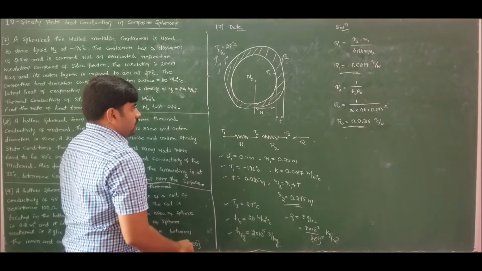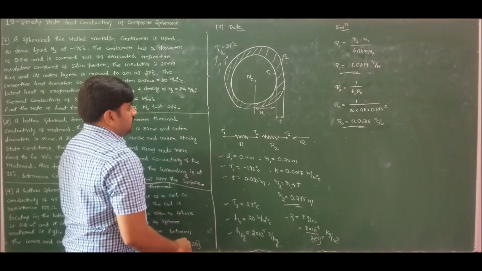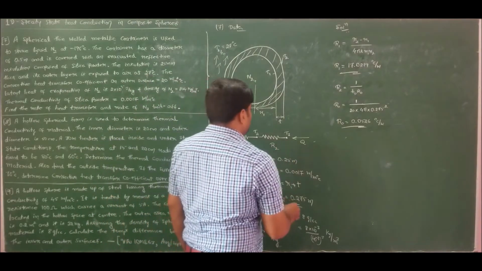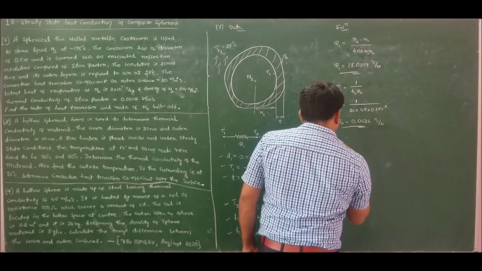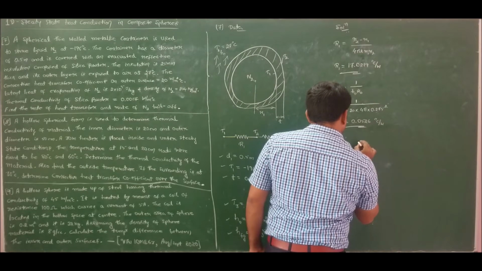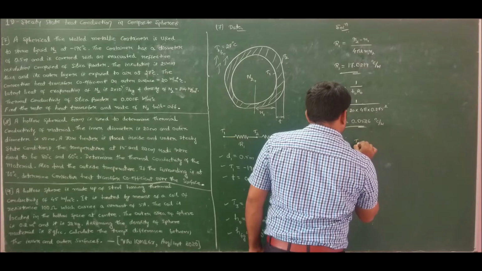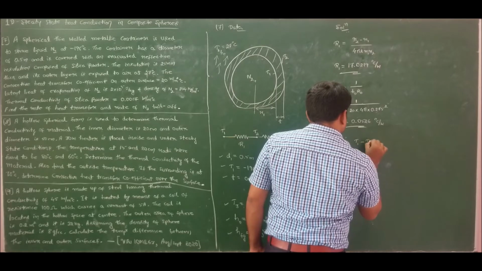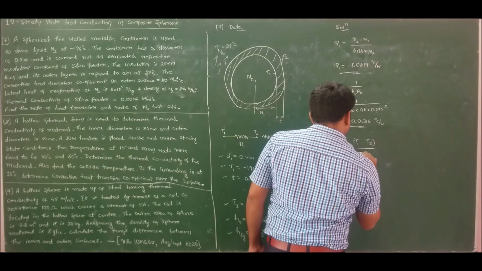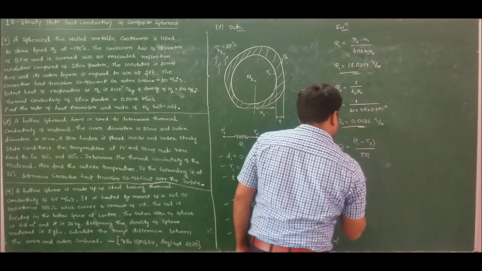Now we know the value of temperature between state point 1 and 3. So therefore, we know that rate of heat transfer Q is equal to delta T, that is T1 minus T3, divided by sum of resistances.